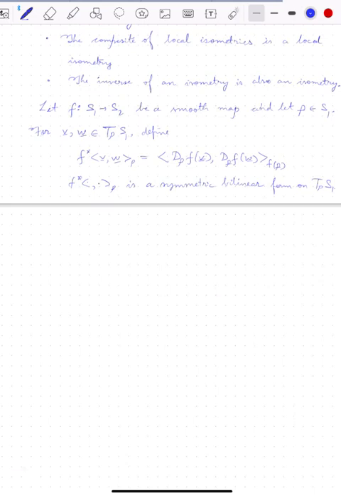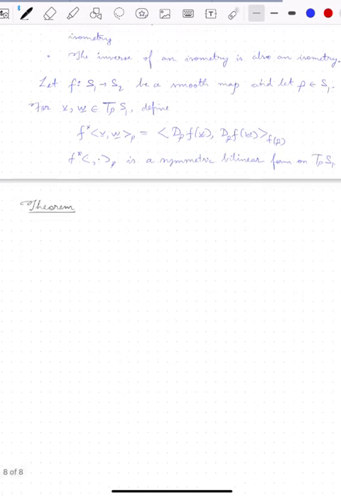Okay, so let's have a theorem. This theorem talks about the smoothness and the conditions for the local isometry.